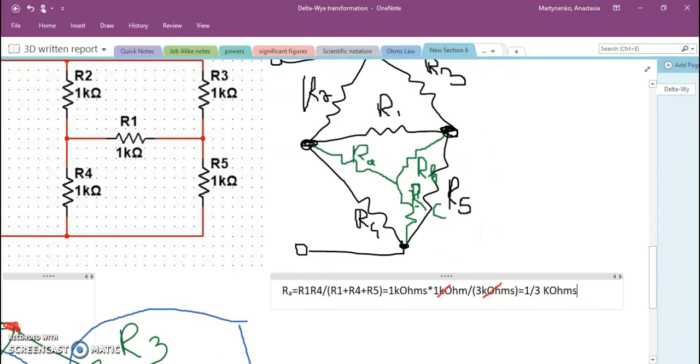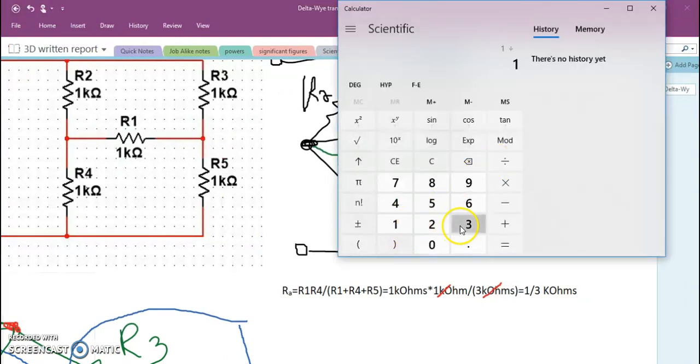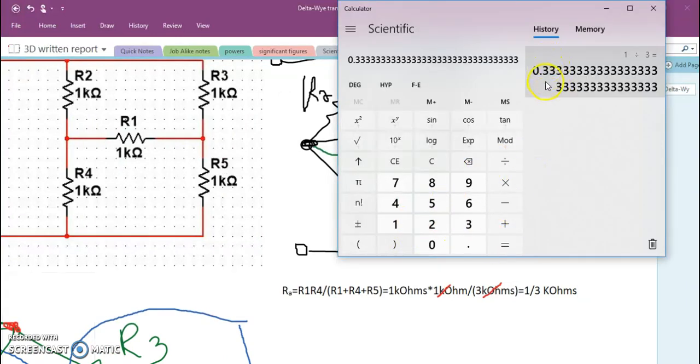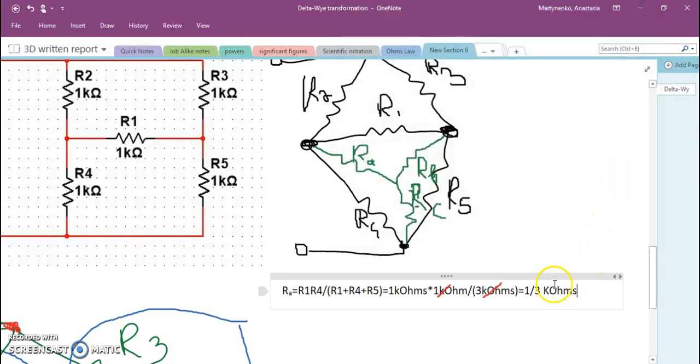And 1/3 is 0.33333. Guys, as always, I keep 3 sig figs, so it's 333 ohms, right? Because I'm using up my K, right? So I end up with 333 ohms. All right, very, very simple.